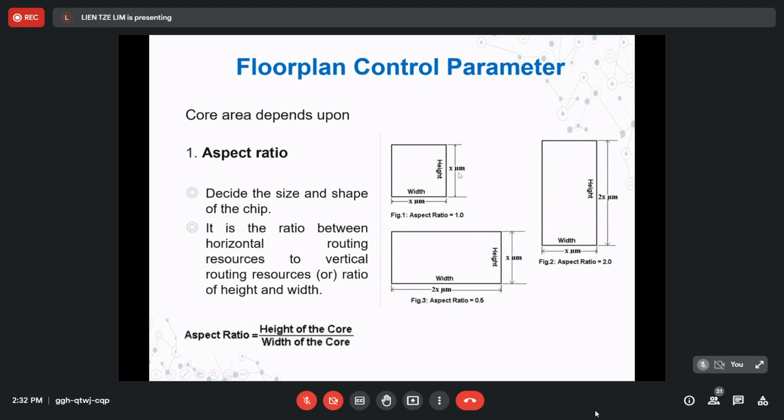For this one, we directly know the aspect ratio is 1, because the height is x and the width is x, they are the same. For this one, the height is 2x over x, so the aspect ratio is 2, and this one is 1 over 2, meaning 0.5.